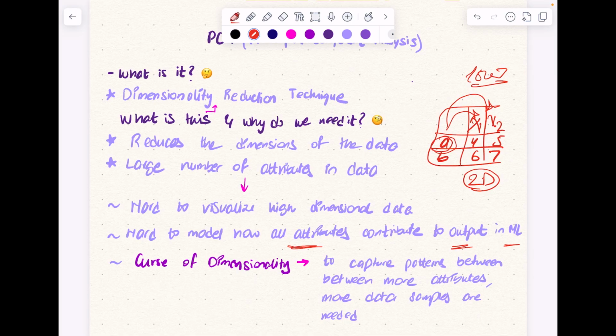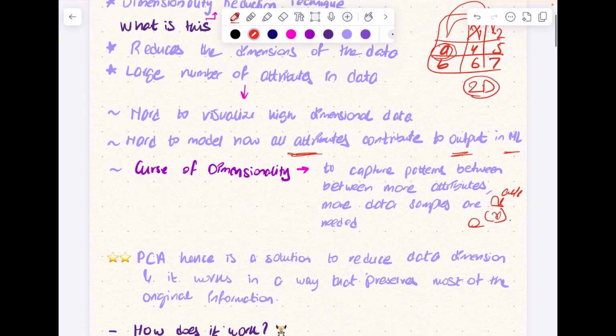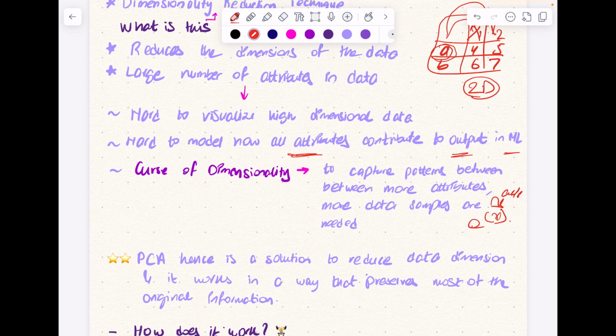And the number of data samples required actually grows exponentially based on the number of attributes that I have. In real life, it's not always possible for us to get this amount of data as our attributes grow. So we have dimensionality reduction techniques as a solution such that they can help us reduce the data. And talking about PCA specifically, it does this reduction in such a way that we preserve most of our original information from our data.